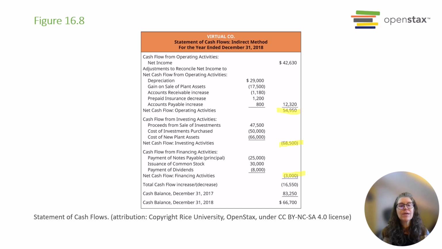And we do indeed match our change column, which is to say we had a negative $16,550. Our cash balance was lower by that amount in 2018 compared to 2017.